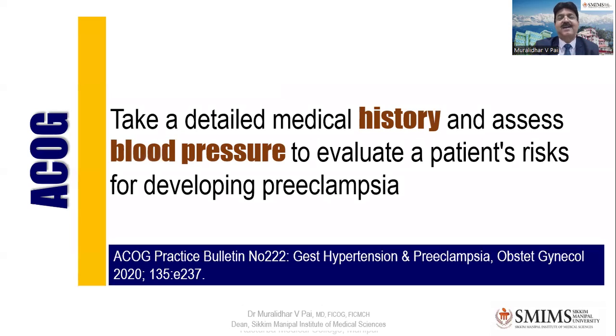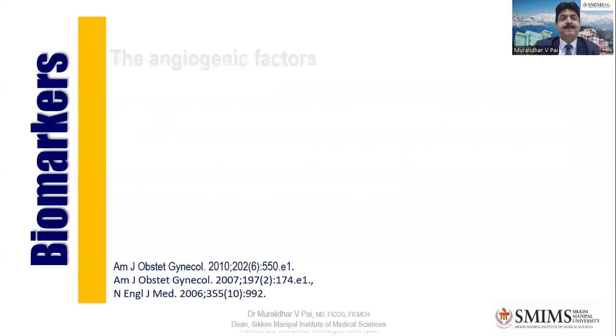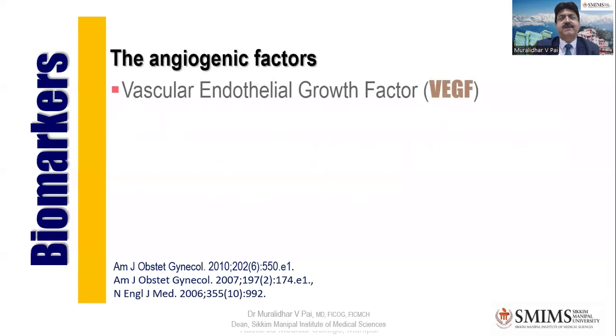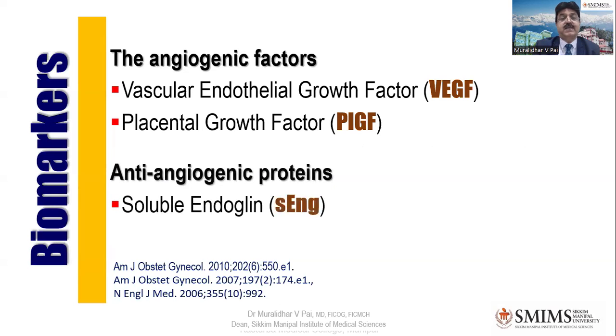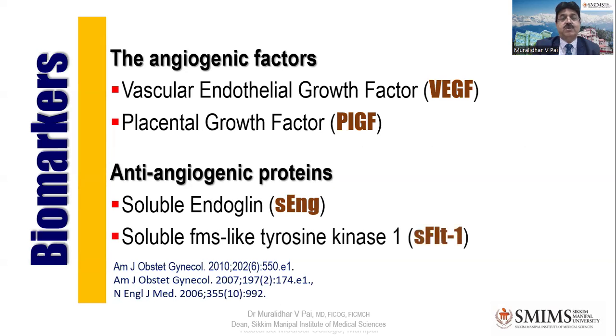What is that? Take a detailed medical history and assess blood pressure to evaluate the patient's risk for developing preeclampsia. Biomarkers, yes, angiogenic factors. You can either go for vascular endothelial growth factor, VEGF, placental growth factor, PLGF, which we do in Manipal, or anti-angiogenic proteins like soluble endoglin, sENG, or soluble fms-like tyrosine kinase, sFLT1.